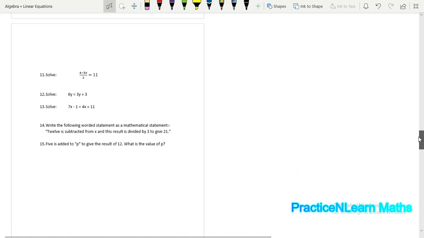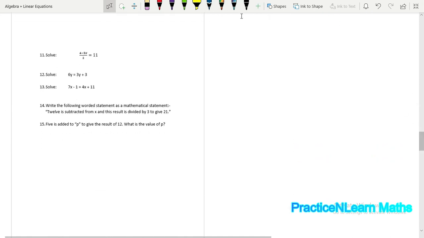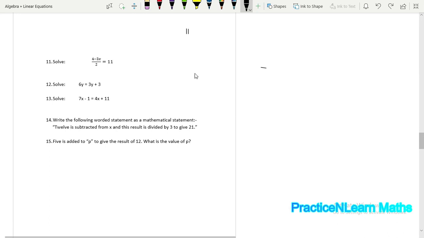Next we move on to sum number 11. We can multiply both sides by 2 so that we get 4 minus 3x is equal to 22.